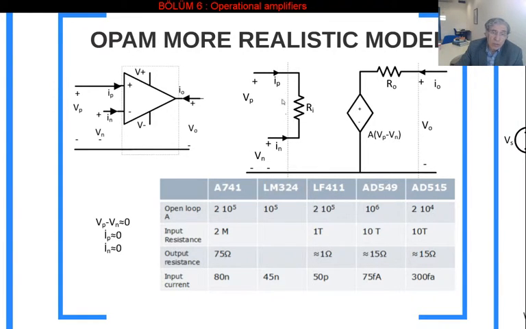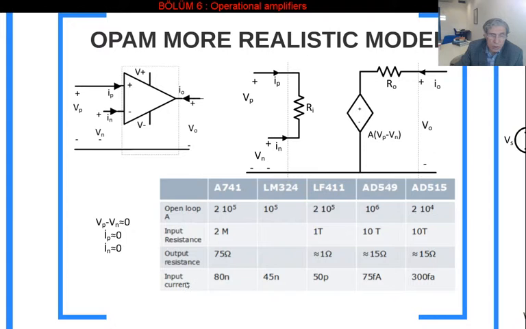This small current we represent in the ideal operational amplifier definition relation as 0, but we are not considering that in this model. It might be a current, but a small current. The output resistance, which is this resistance, is in general a small value. For this one, the quality is not so good, 75 ohms. But this one is just 1 ohm. So this is a very small resistor value.